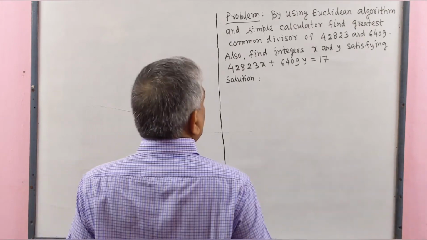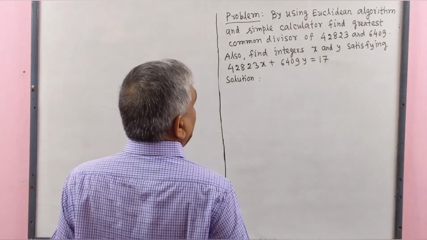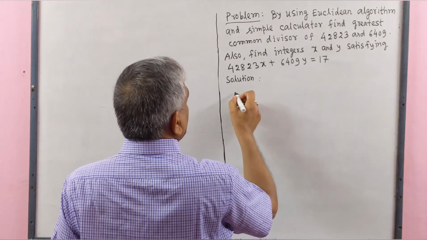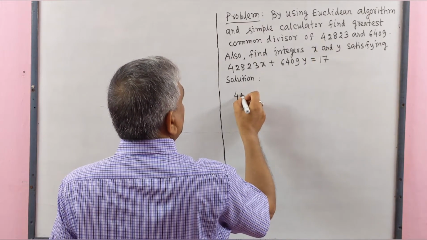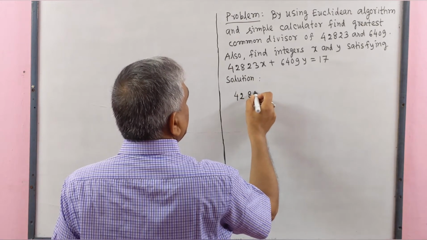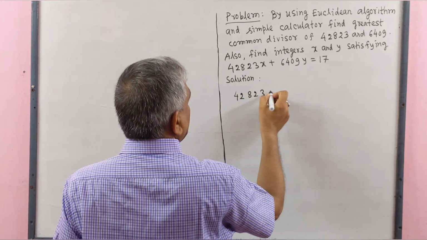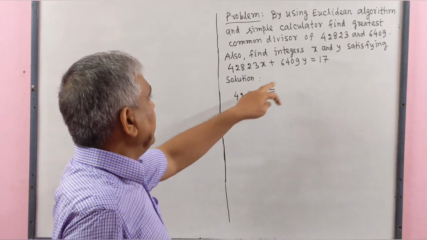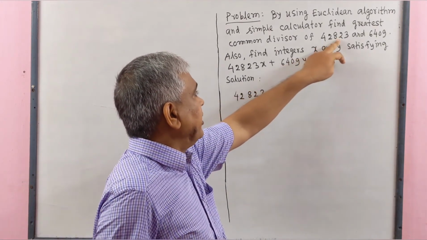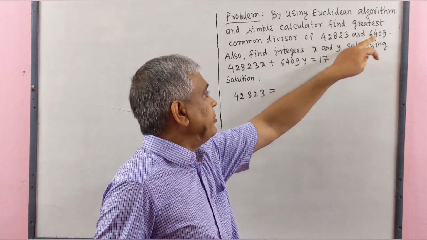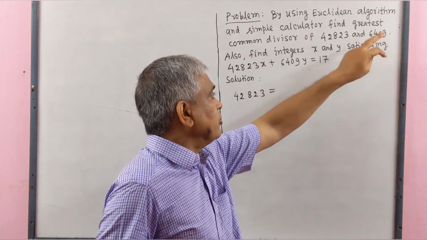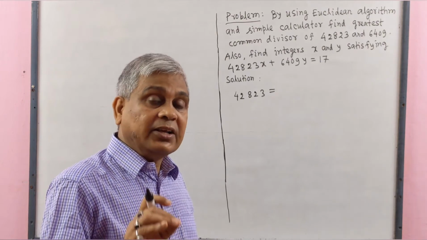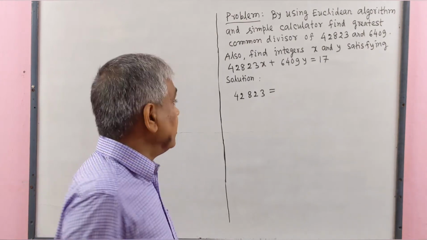Here, by the division algorithm, we may find 42,823 equals, when this number is divided by 6,409, we get the quotient 6.